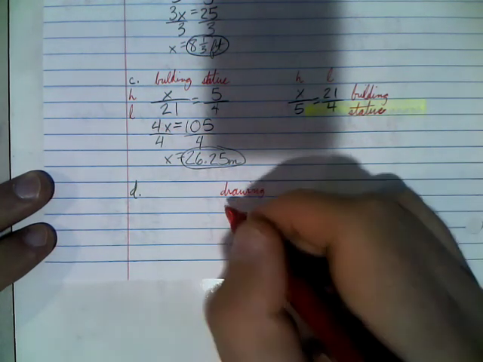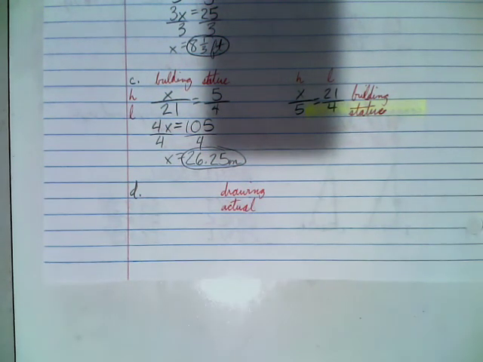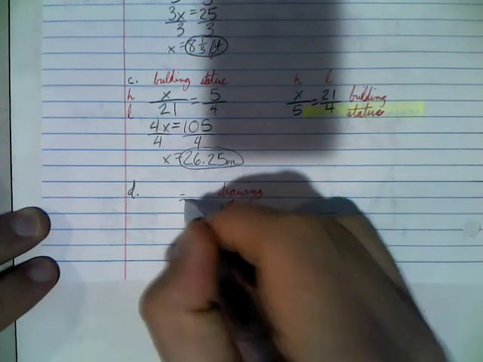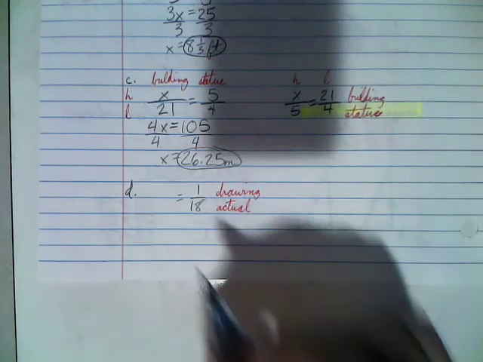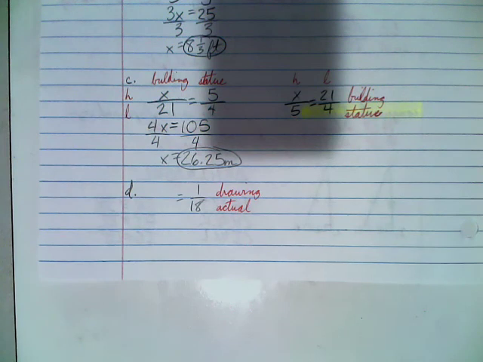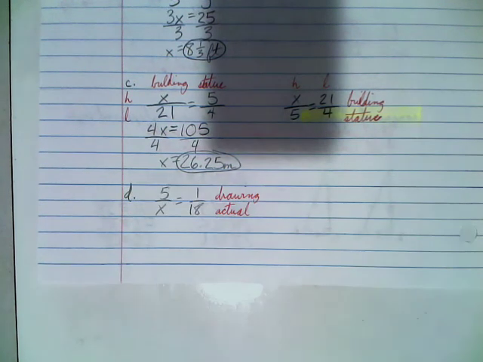So the 18 inches would be the actual real life amount. And so I know 1 to 18 here. Now with 1 being the drawing, we said earlier that this drawing had dimensions 5 inches by 2.5 inches. So we have 5 inches on the drawing, but we don't know what that is in real life.